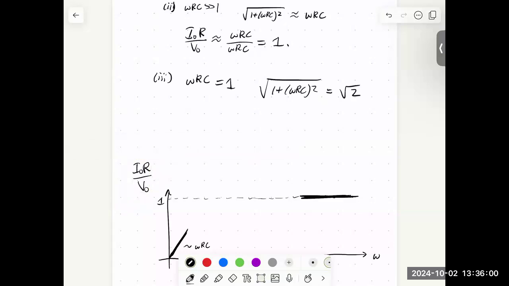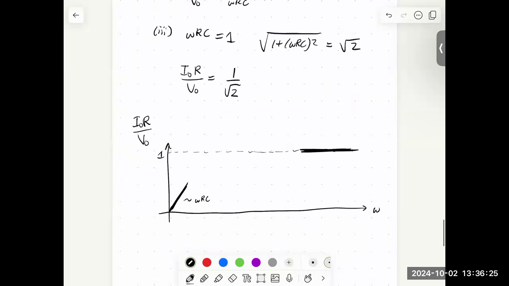And so in this case, our amplitude ratio, I naught R divided by V naught, is going to be omega RC over root 2, but omega RC is 1, so it's just 1 over root 2.